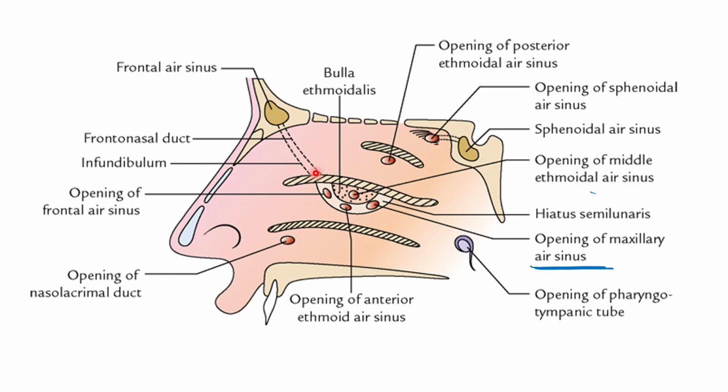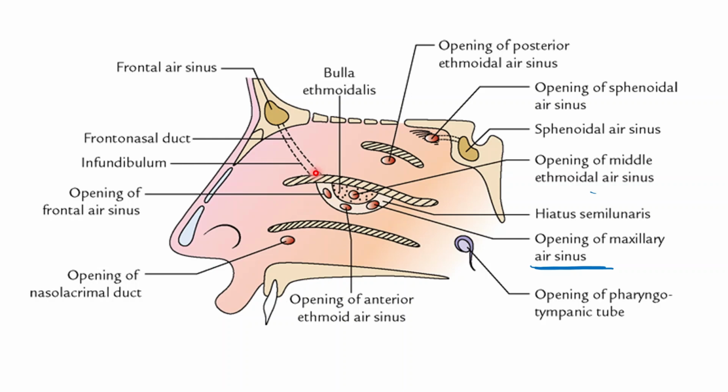The paranasal air sinuses may be infected and there may be an accumulation of pus within the sinuses. This infection can be detected by radiological examination and also by the transillumination test.